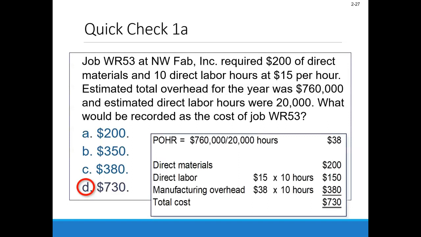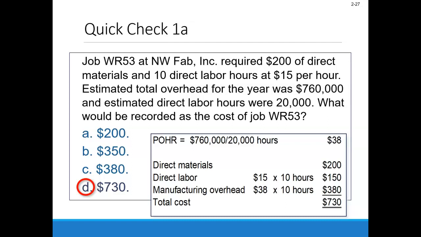So look at this. The way we calculate the predetermined overhead rate is we take estimated divided by estimated. So the 760,000 divided by the estimated direct labor hours of 20,000, we come up with a rate. We apply it based on actual direct labor hours of 10 hours times that 38 bucks.